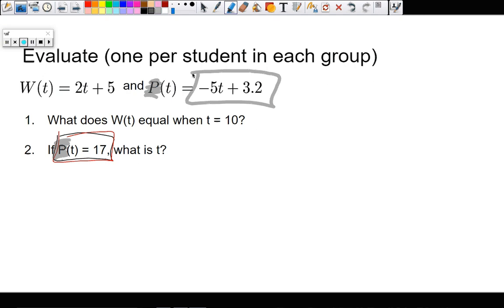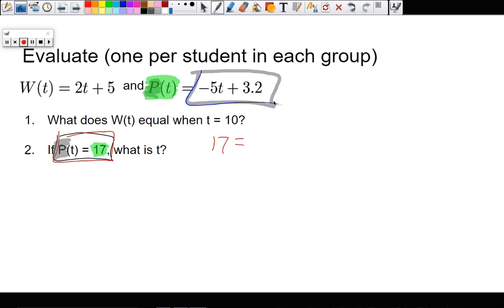So if I said that P of t is 17, I'm saying that the answer is 17. It's like you're working backwards. You're not putting quarters in the coin slot and getting a soda. You're seeing what soda came out and you're trying to figure out what you input to get that soda. Okay? All right, so we're going to put 17 as our answer.